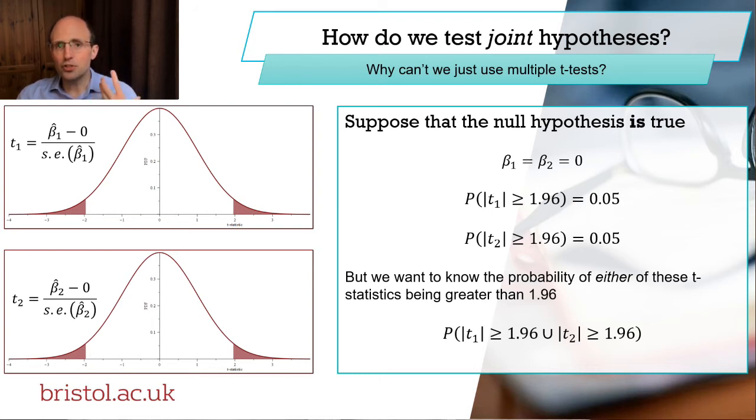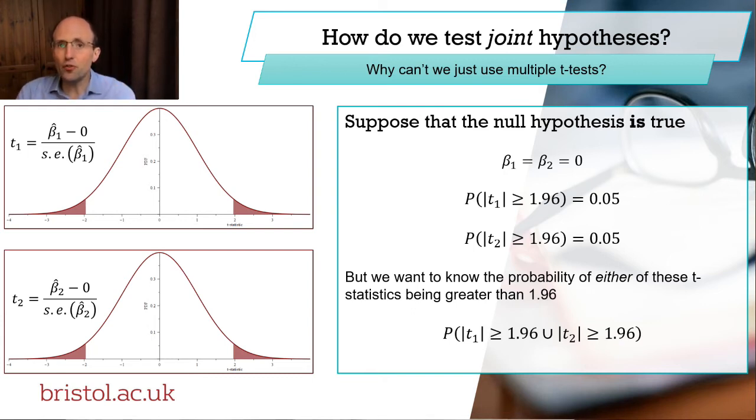And suppose that our strategy is to reject our joint hypothesis, so in other words, beta 1 is equal to beta 2 is equal to 0, if we reject the null in either of these two cases. So in other words, if we're in this region, or this region, or this region, or that region, if we're in any of those four rejection regions, we're going to reject our null hypothesis.